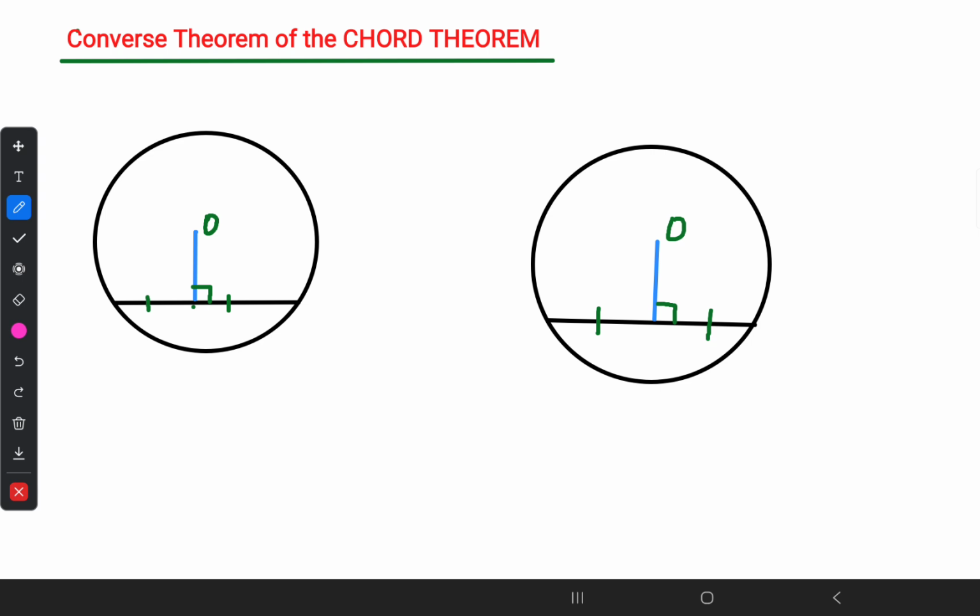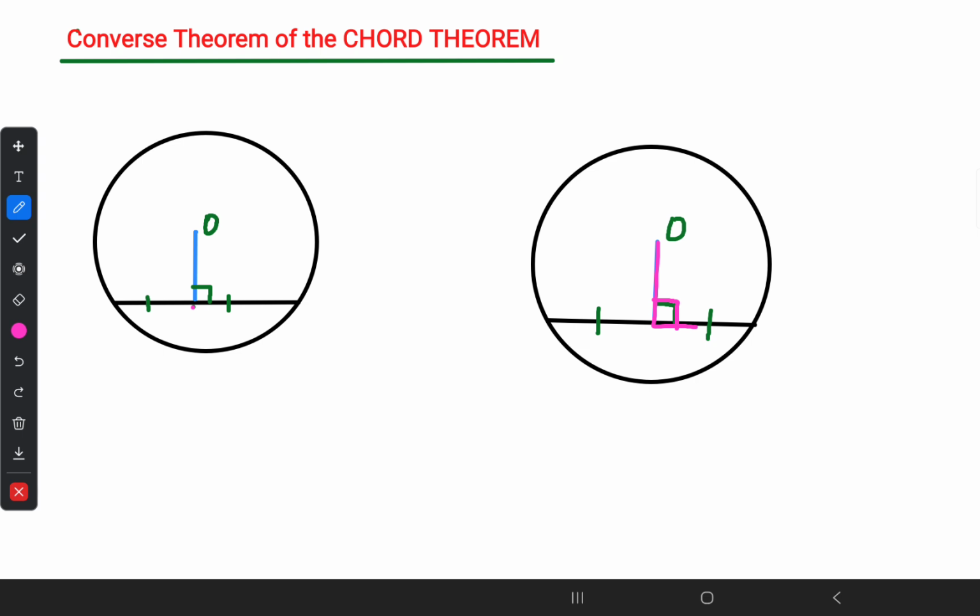The actual theorem says the straight line which is connecting the midpoint of the chord and center of the circle, these two are in a perpendicular relationship. But the converse theorem says the straight line which is connecting the center of the circle and a point in the chord, not specifically indicating the midpoint, somewhere on the chord, if these two are perpendicular, from that we can come to a conclusion that this chord would be bisected.